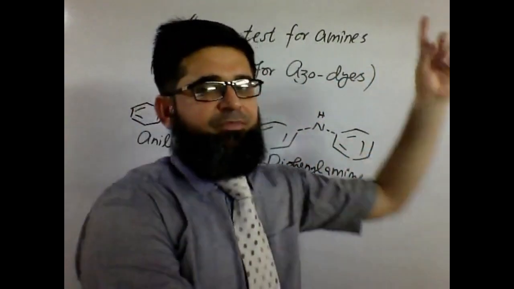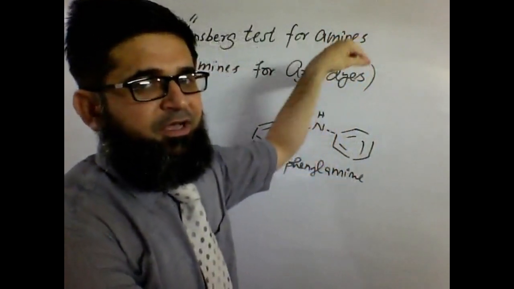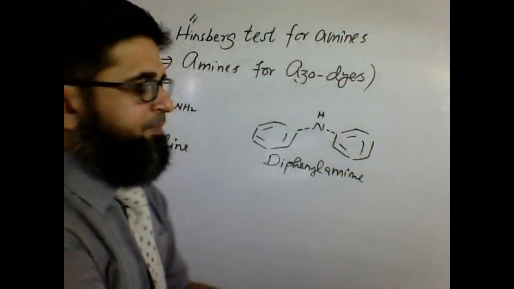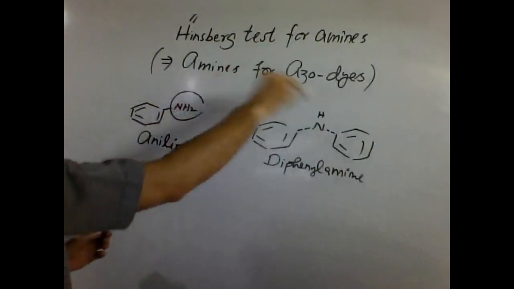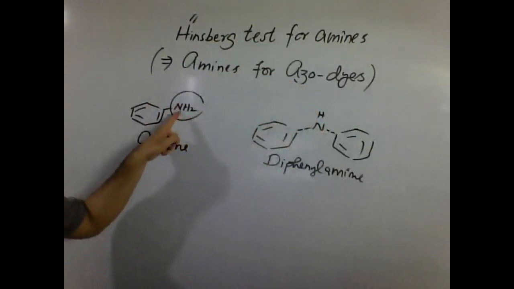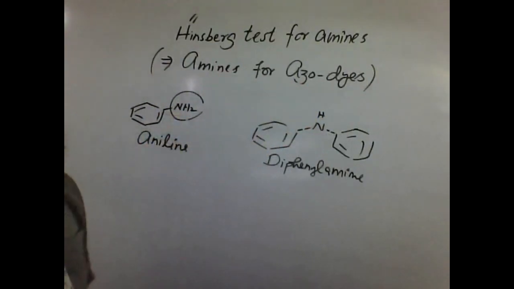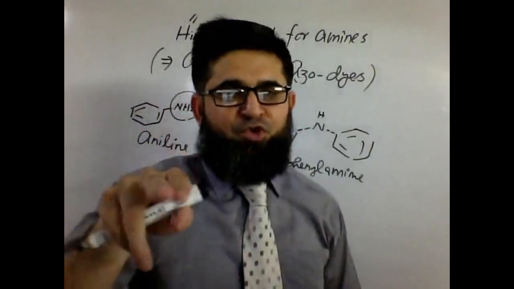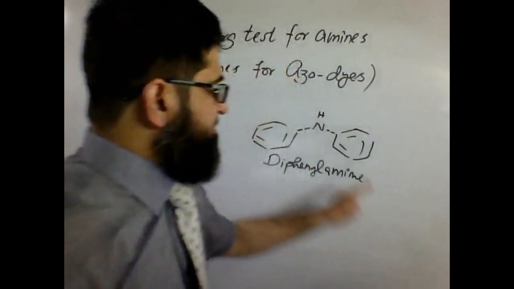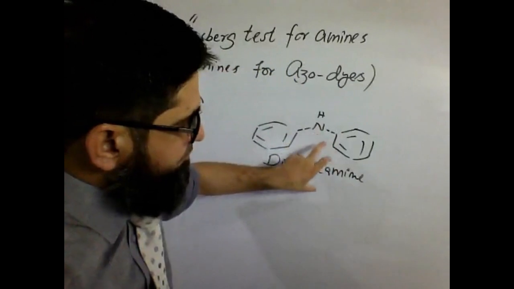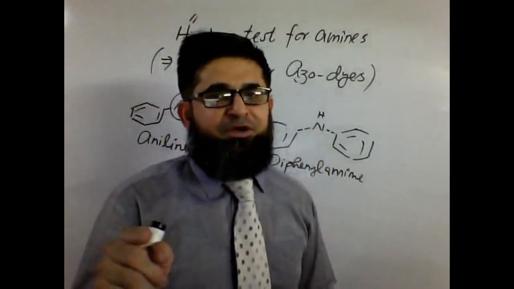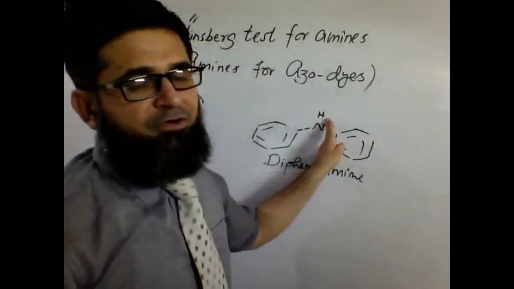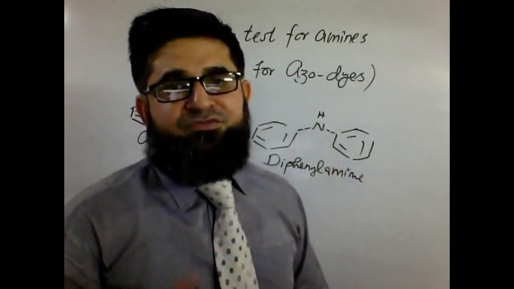Simply, you can apply the Hinsberg test. As I've just explained the chemistry, this one is supposed to be soluble. At the end, the sulfonamide produced from this compound will be soluble in sodium hydroxide, and the sulfonamide produced from this compound will not be soluble, because one proton will be lost at the first step of the formation of the sulfonamide.